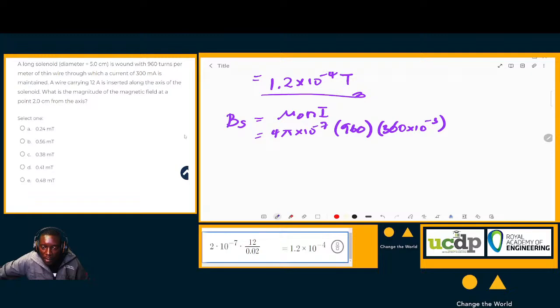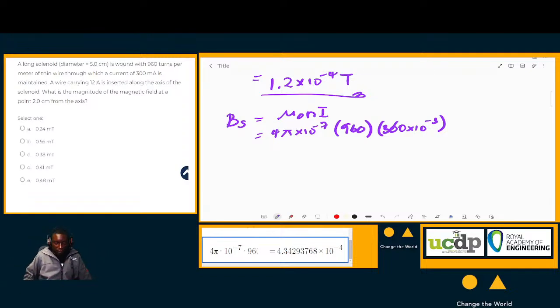So we can evaluate that. 4 pi times 10 to the power negative 7, multiply this by 960, the number of turns per unit length, and then multiply by 360 milliamps, which is 4.34.